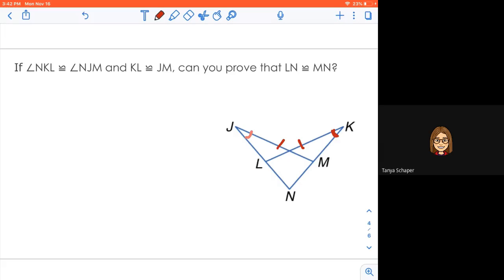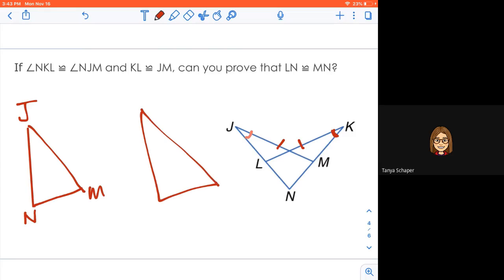What I'm going to do is draw out these triangles a little bit differently. I need to separate them a little bit. I'm going to call this J, this N, and this M. And I'm going to draw another one.